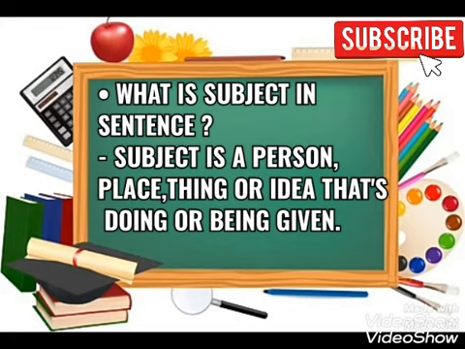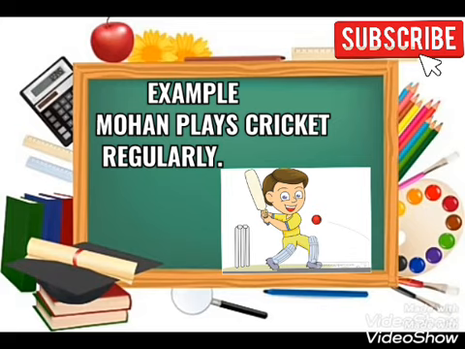So, what is a subject in a sentence? Students, a subject is a person, place, thing or idea that is doing or being given. Let us understand with an example. Mohan plays cricket regularly. Now to identify the subject, ask who is performing the action of playing.